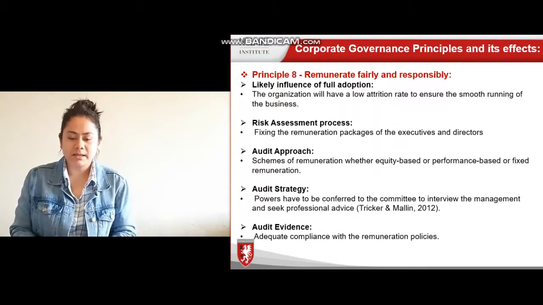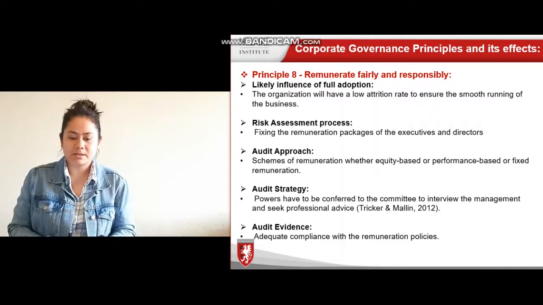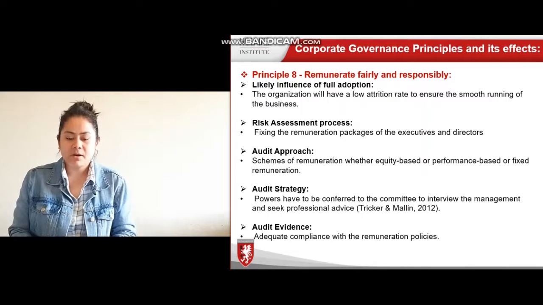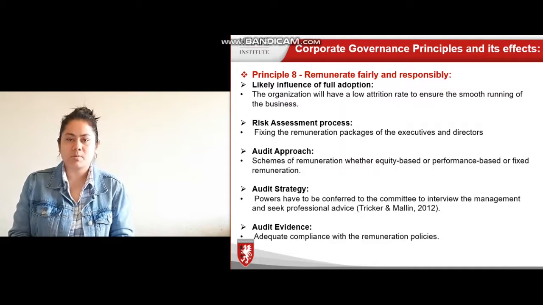And thirdly, there is the audit strategy. In the audit strategy, power is given to the committee to interview the management and seek professional advice. And lastly, there is the audit evidence. In audit evidence, there is adequate compliance with the remuneration policies.